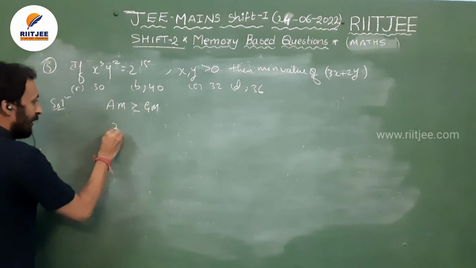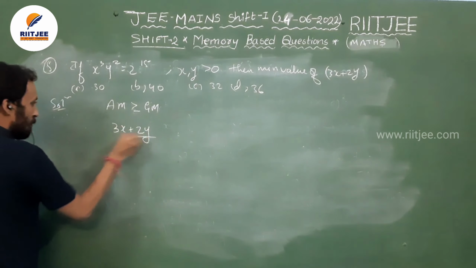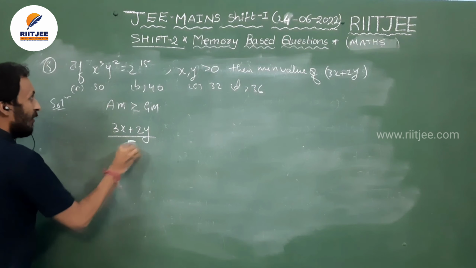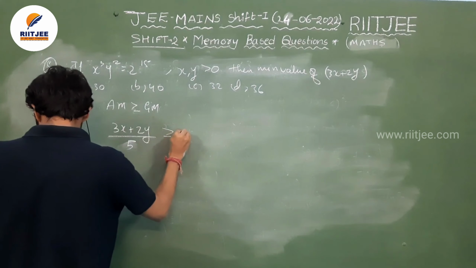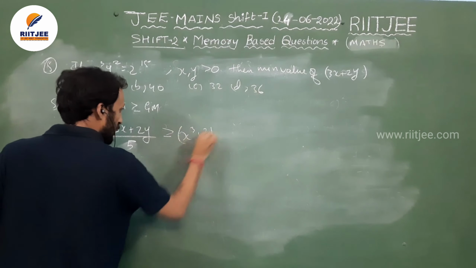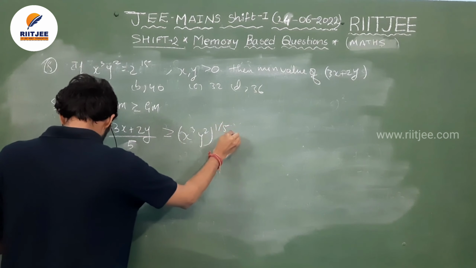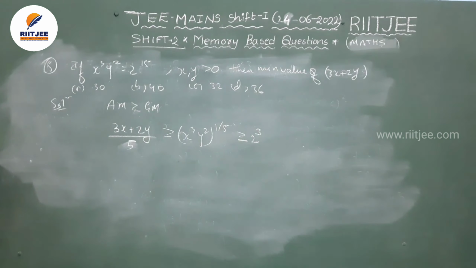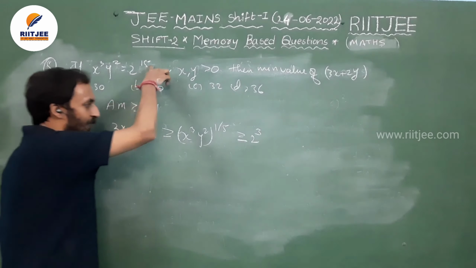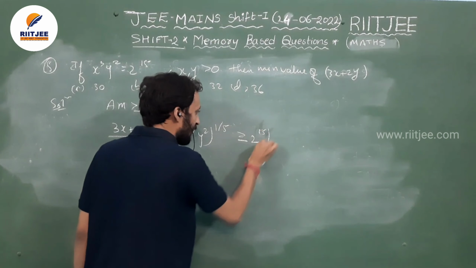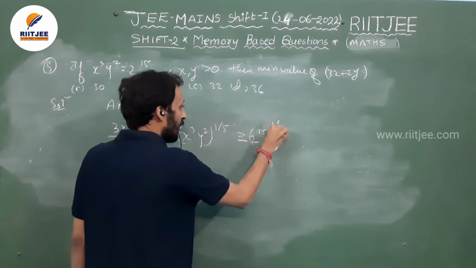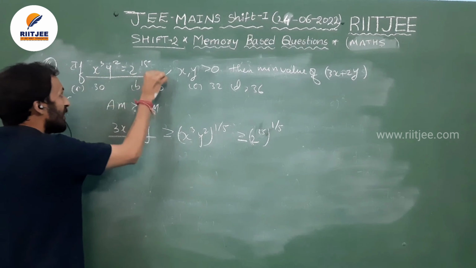So (3x plus 2y) by 5, since 3 plus 2 is 5, is greater than or equal to (x cube y square) to the whole power 1 by 5, and this is greater than or equal to 2 to the power 3. Why? Because x cube y square is 2 to the power 15, the value given in the question.